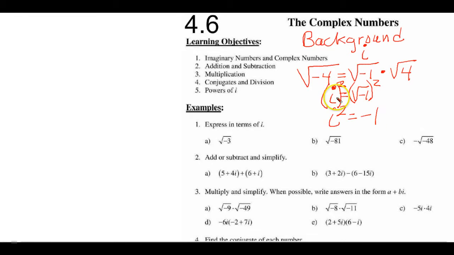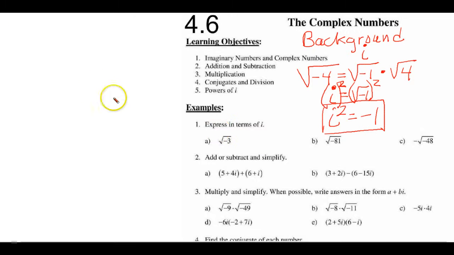So I is equal to the square root of -1, but I squared equals -1. And that's sort of a key thing that we're going to use throughout our calculations with complex numbers and imaginary numbers: anytime we have an I squared, that's going to be converted to a -1.